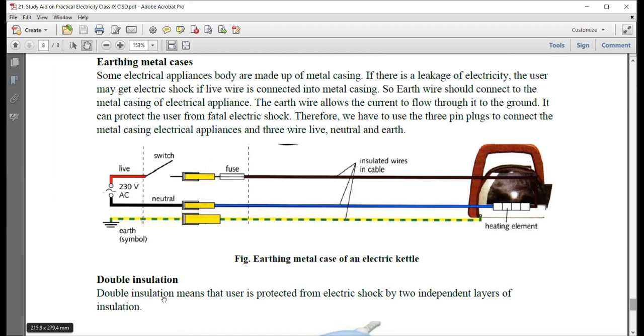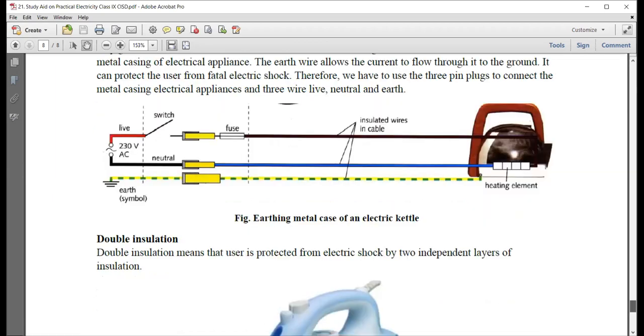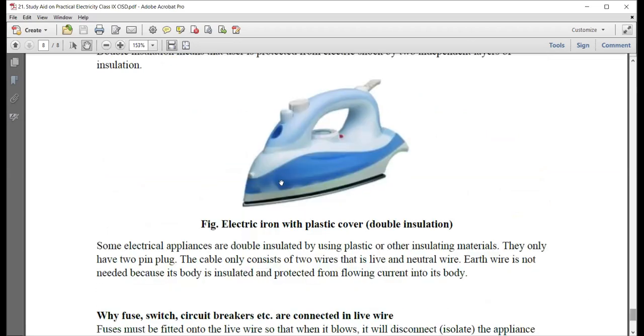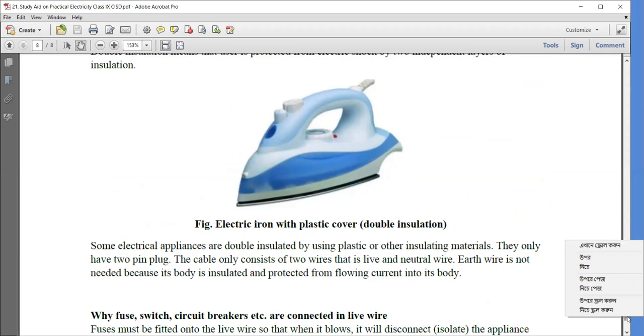It's written here. Double insulation means that the user is protected from electric shock by two independent layers of insulation. Here I gave an example. This iron has plastic covering. You see, for this type of appliance we do not need any 3-pin plug. Okay, do you understand? Yes, sir. Thank you. So these all are given in the notes.